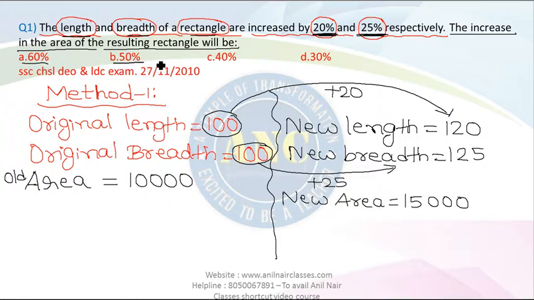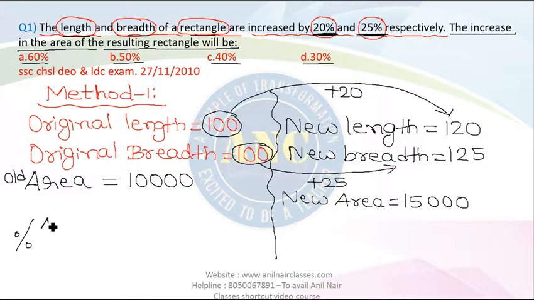But the answer options are given in terms of percentage, right beta? That means the question is basically asking you to find the percentage increase. If it is only increase, 10,000 became 15,000, the increase is 5,000, and you would search the options for 5,000, but you realize it is given in terms of percentage. So let us find the percentage increase.